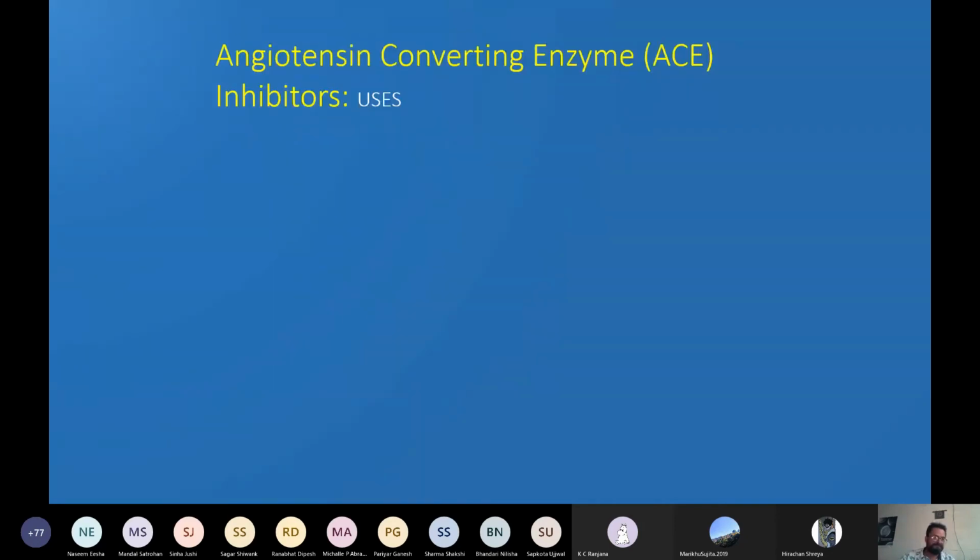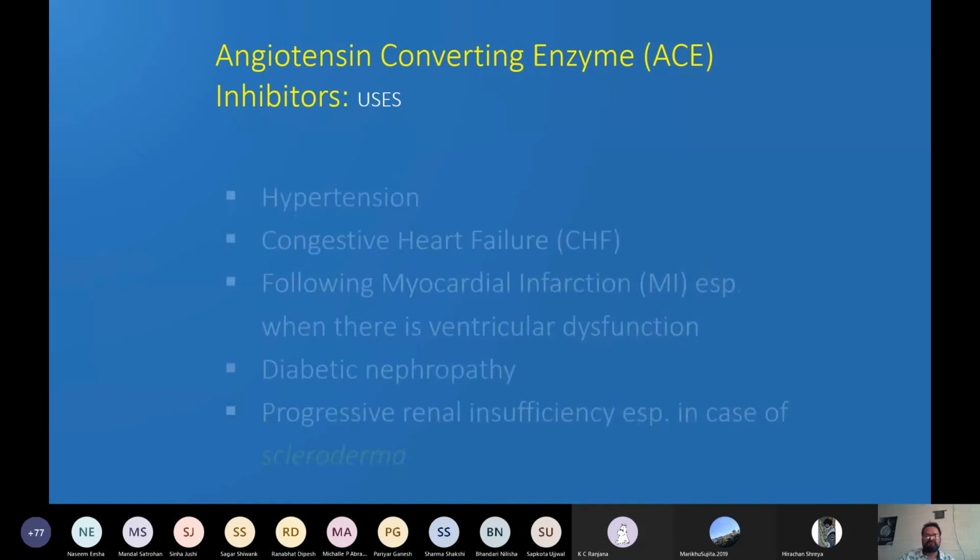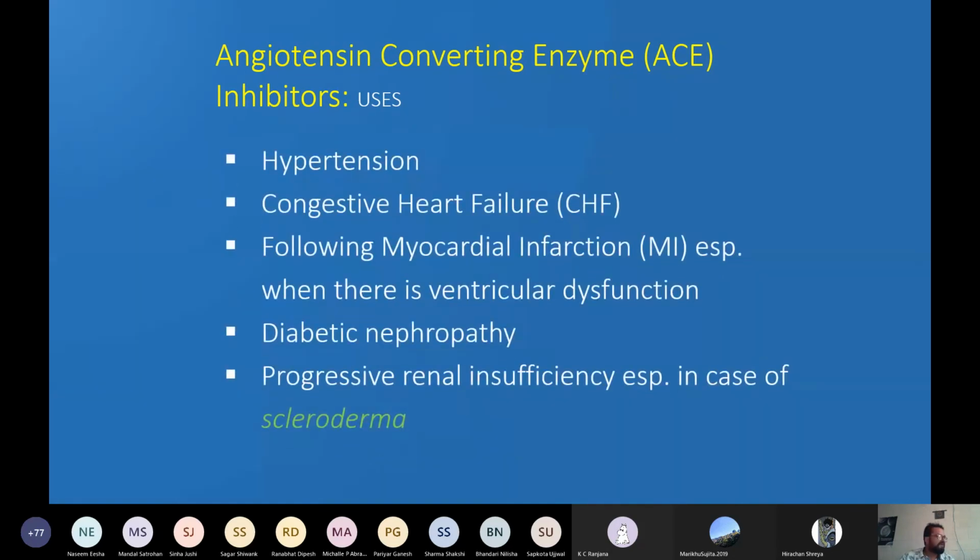So, uses of angiotensin converting enzyme inhibitors. Obviously, since we are talking about hypertension right now, one is hypertension. You can see hypertension over here. Now, congestive heart failure. What is congestive heart failure?